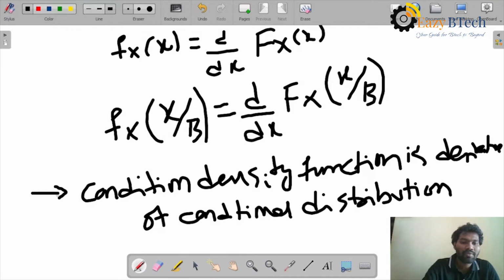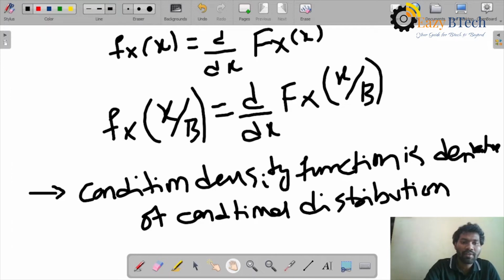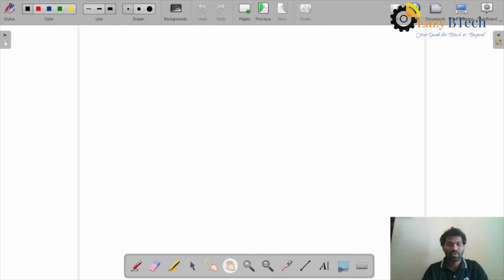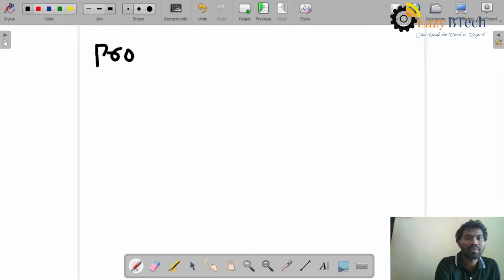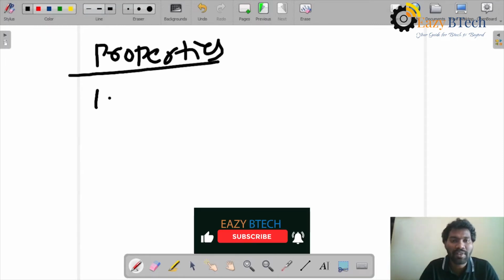Okay. Now next one. In the same way, we can have the properties of the conditional density function.